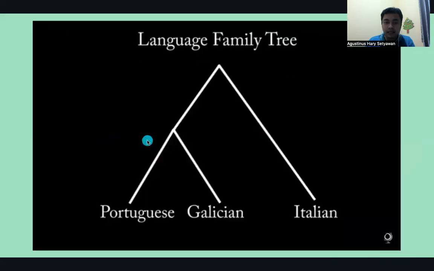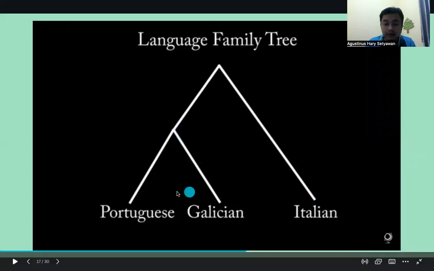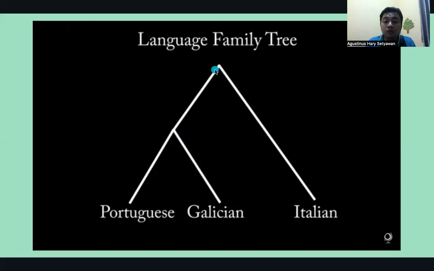They share the same parent language. Then Italian, they are close, but not that close. So we exclude the Maori, outside of this.